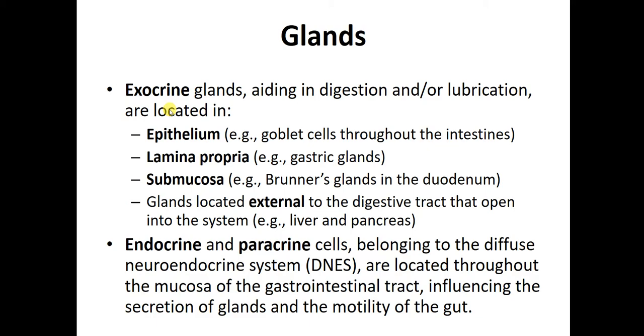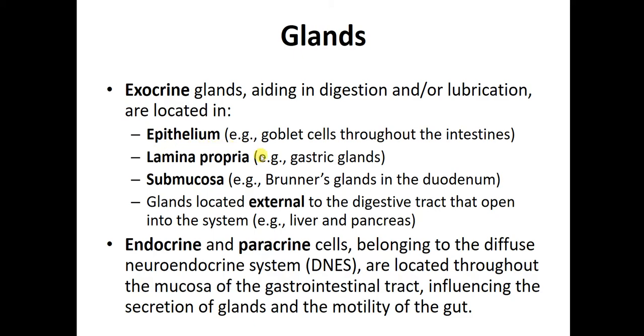They are responsible for lubrication first of all, and they are composed of epithelium. The main example of these cells is goblet cells, same as in the respiratory tract, I remind you. Goblet cells produce mucus, which is necessary for lubrication and moisturizing of surfaces.